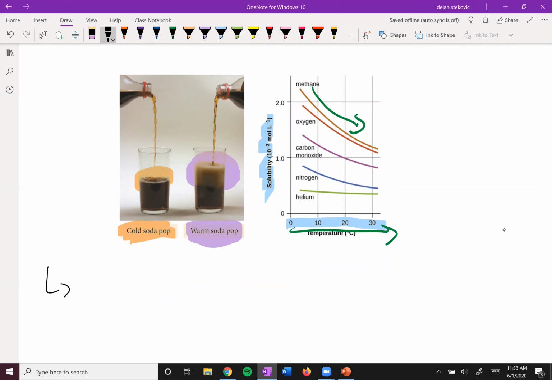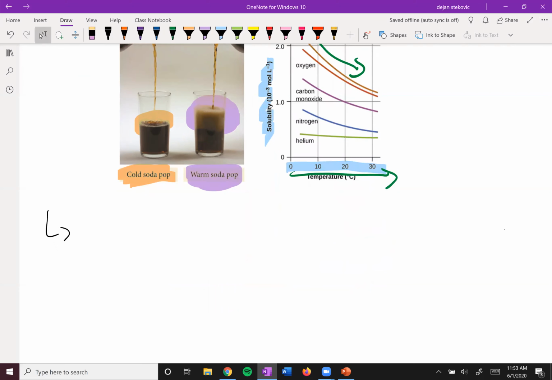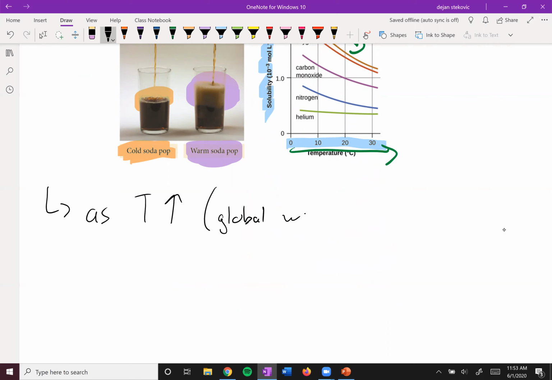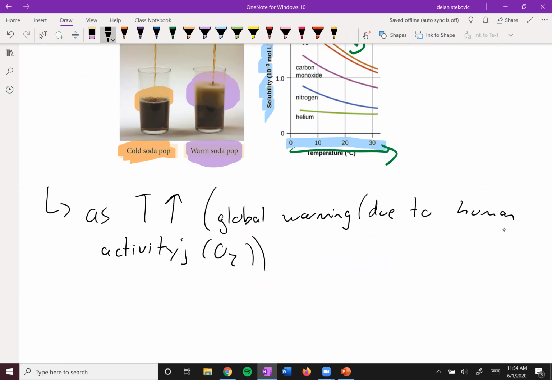So let's take a look at an effect of this principle in our current day situation. As we said, as temperature increases, if we think about globally, we're thinking about global warming due to human activity. We're pumping out a bunch of CO2 into the atmosphere, which is causing the globe to get warm.